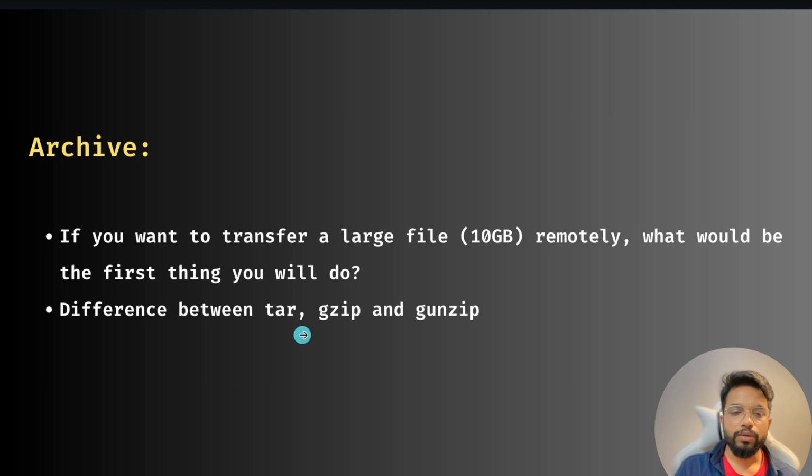You can also see the tar and gzip commands. Using these commands, we can first compress the file, reduce its size, and easily transfer it to another location or server. On that server, we can decompress or unzip those files using the gunzip command.